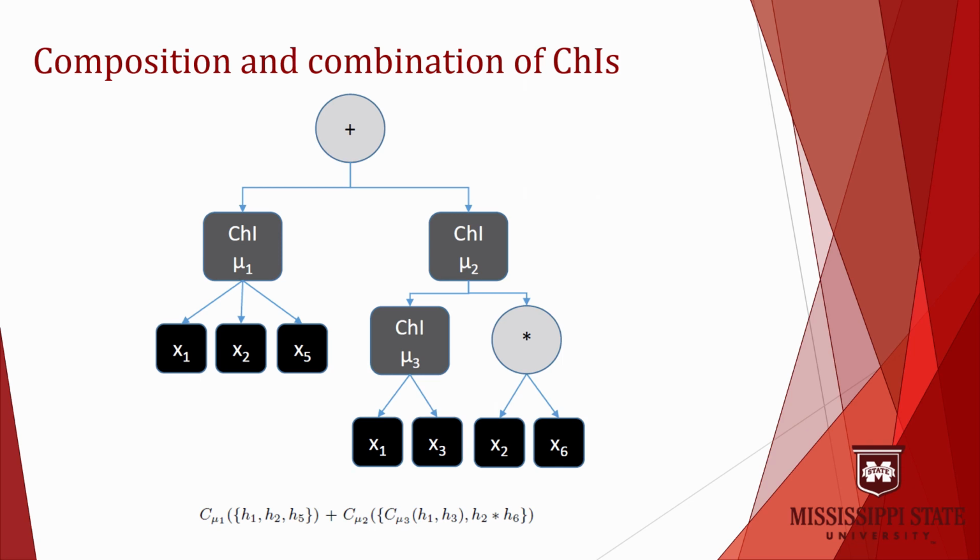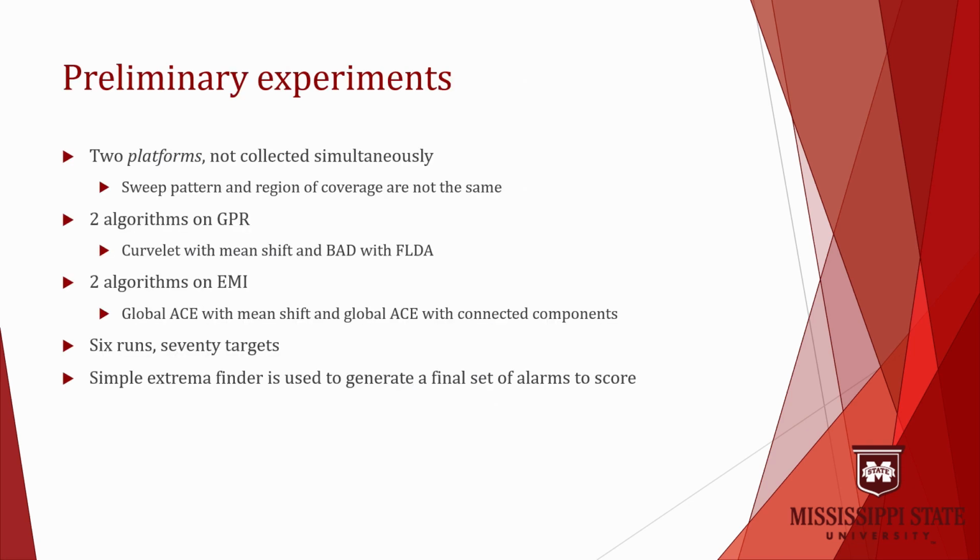In our preliminary experiments, we had our 2 platforms, independently collected, and we ran our 2 GPR algorithms, our curvelets with our BAD, in conjunction with the 2 EMI algorithms from the University of Missouri, which was ACE.